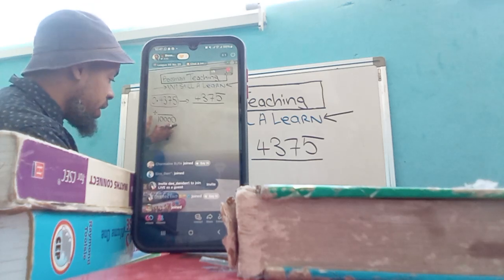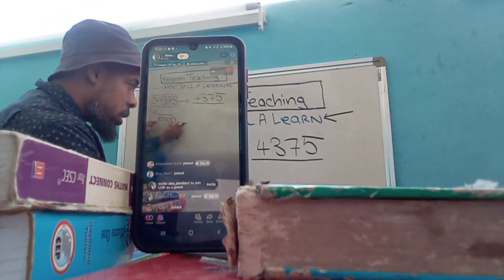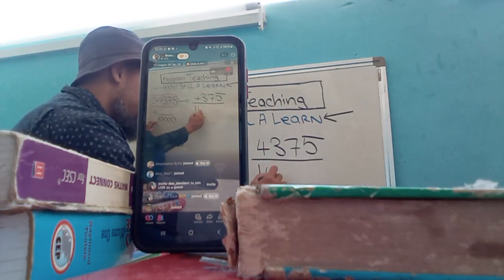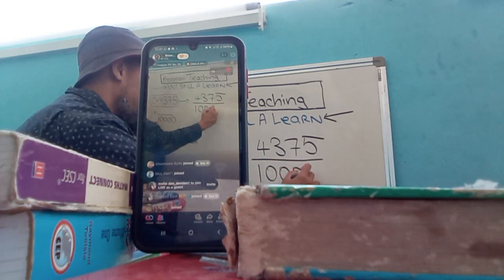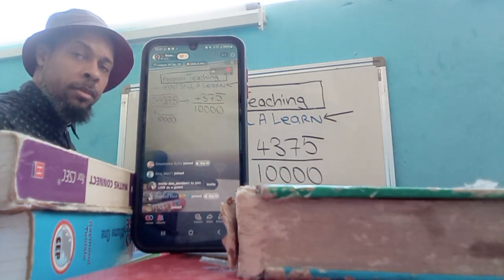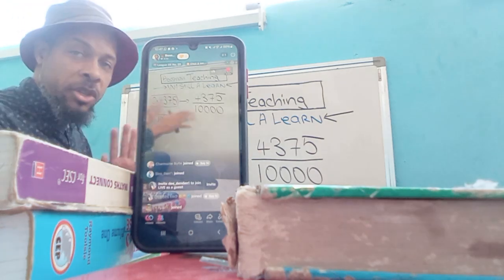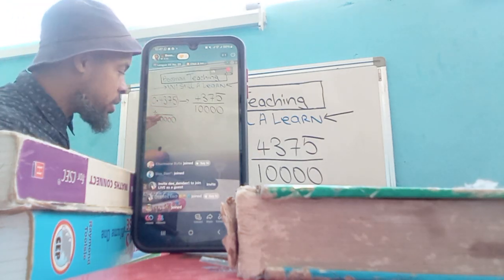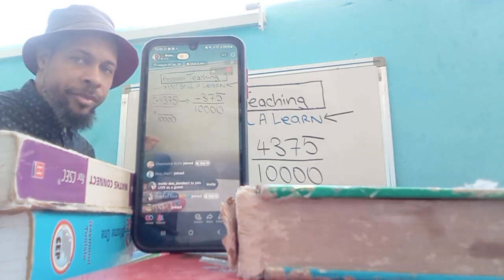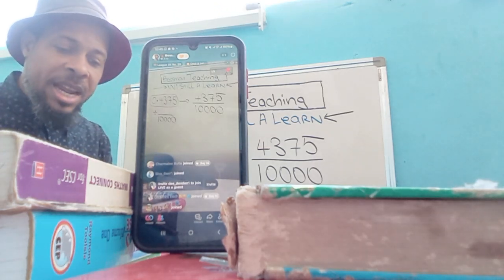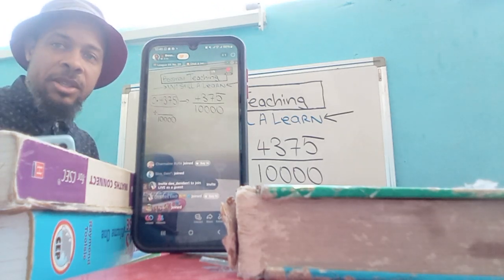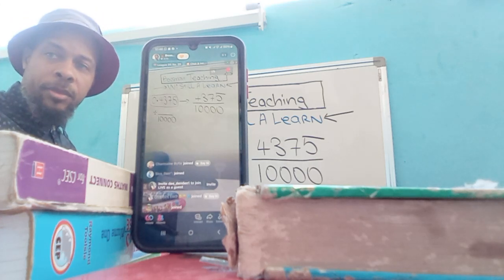So you see all of this now? You have to put that under here. So that's your first step to turning it into a fraction, right? That's the simplest way you can do that.